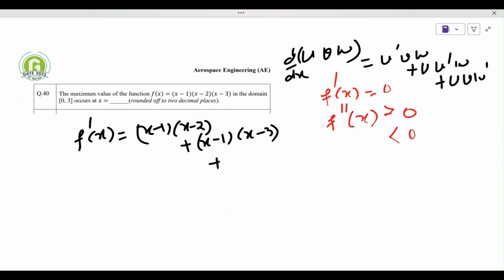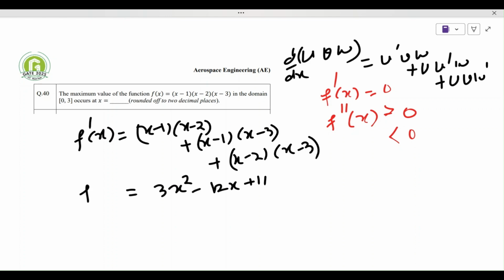So this concept we are applying over here. So x minus 2, x minus 3. After solving it, multiplying these factors, the value will be 3x square minus 12x plus 11. That is your f dash x.